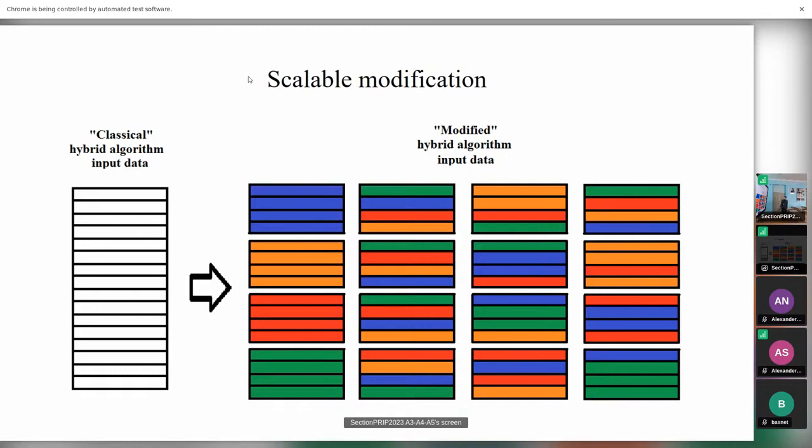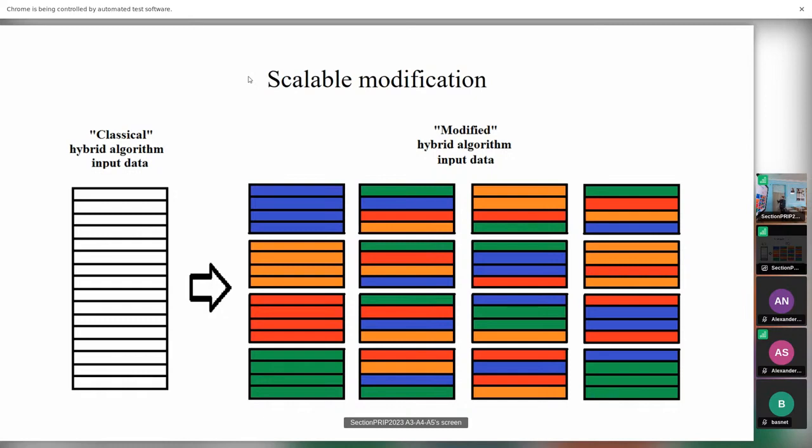Here is the classical hybrid input data for the classical algorithm which was presented on the previous slide. And on the right part of the slide, you see the scalable modification for speeding up. When we have a big neural network, which consists of huge amounts of tunable parameters and requires a big amount of computations, we have to reduce the amount of computations in a single iteration.